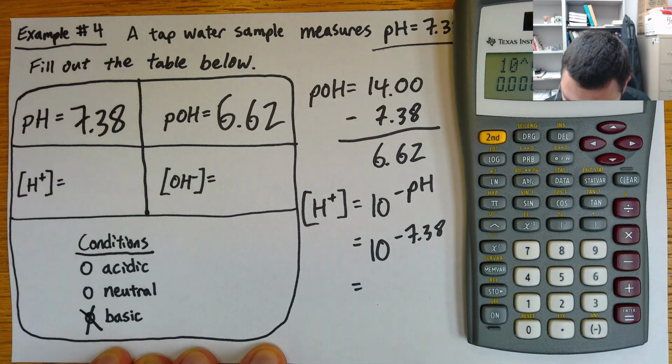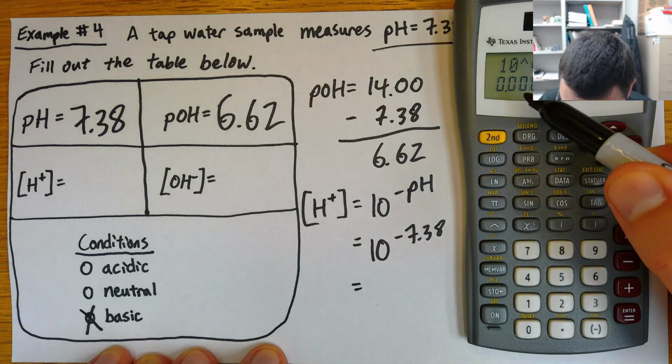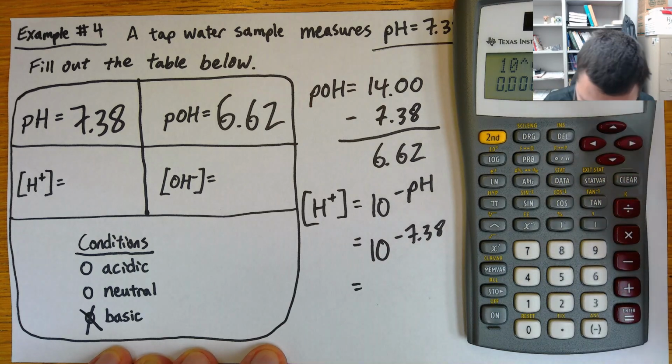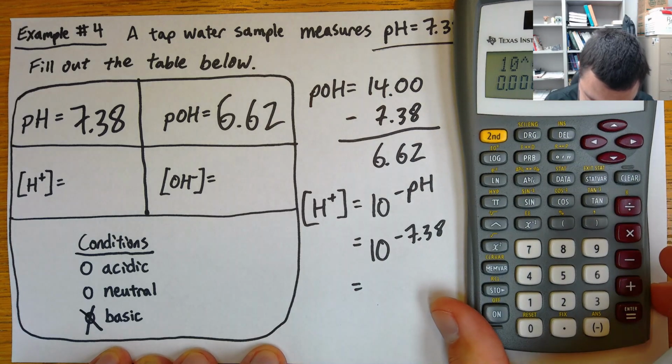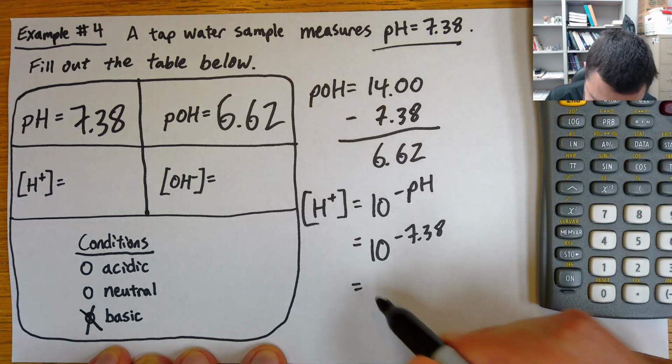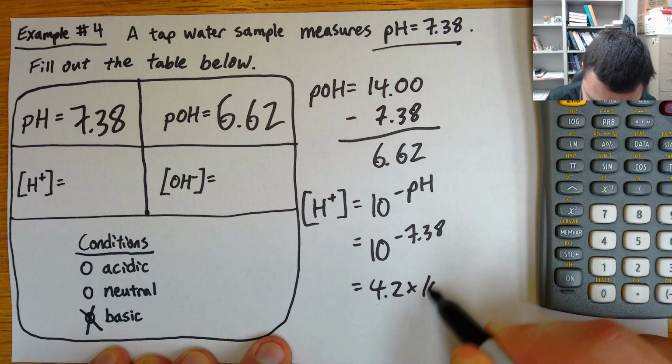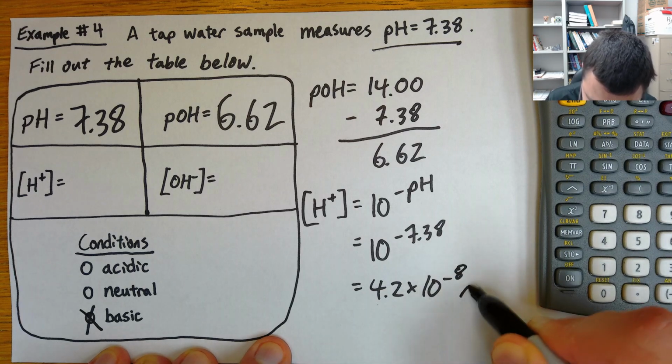Oh man, that is some crazy, well. All right, that's 10 to the minus 8. And the concentrations are supposed to be 1 sig fig less. So 4.2 times 10 to the minus 8 molarity.